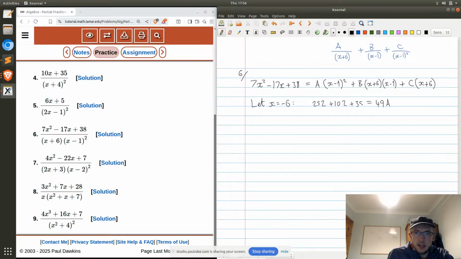And then plus 38. 252 plus 102 plus 38 makes 354 plus 38, which is 392. And that's 8 times bigger. So A must equal 8.